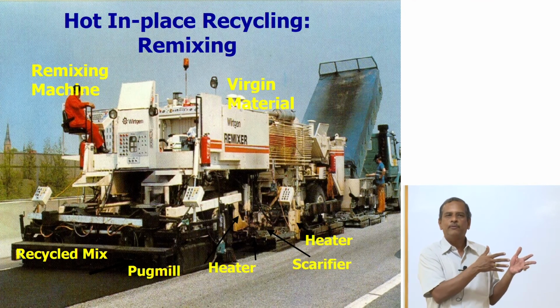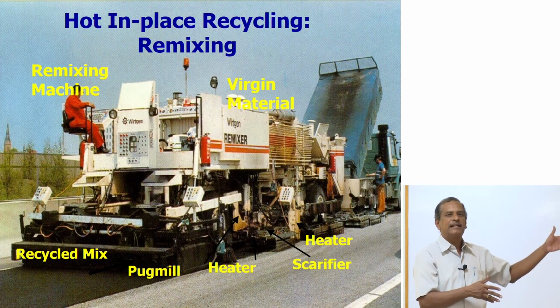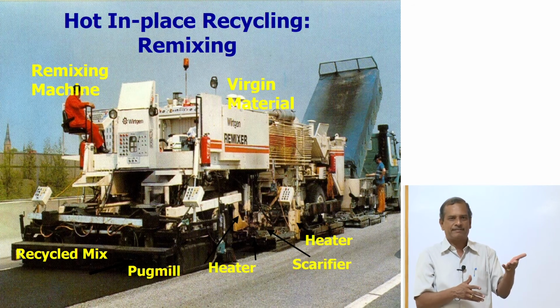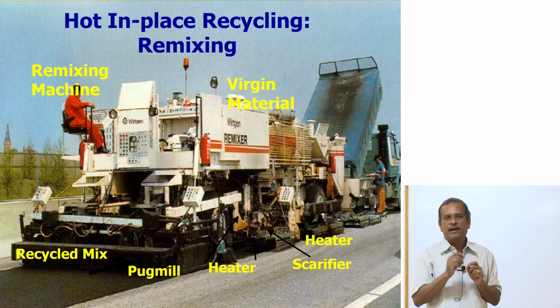You should not only be able to select the type of pavement and the type of material, at the same time you should also be able to predict how it will perform, what the maintenance requirement will be, and what the maintenance cost is. So, that is a challenge in a nutshell: life cycle cost analysis, road asset management, pavement preservation. These are the techniques that you have to adopt when you graduate.